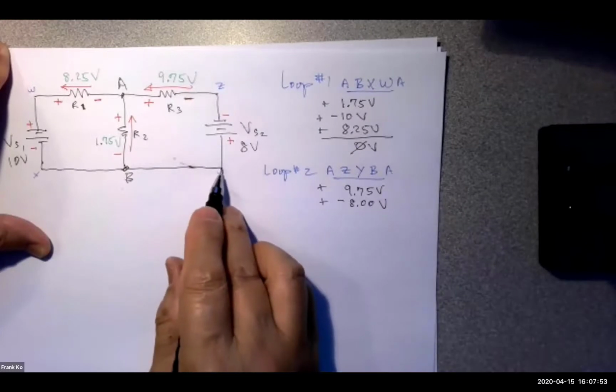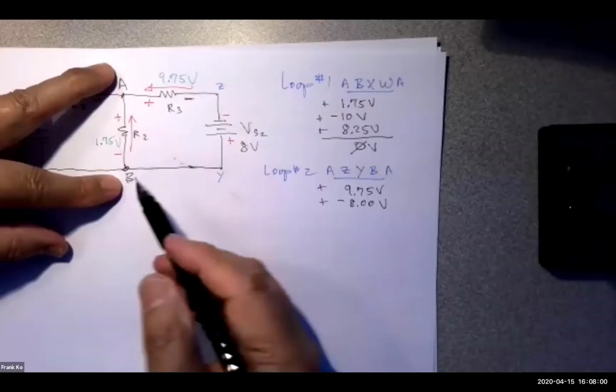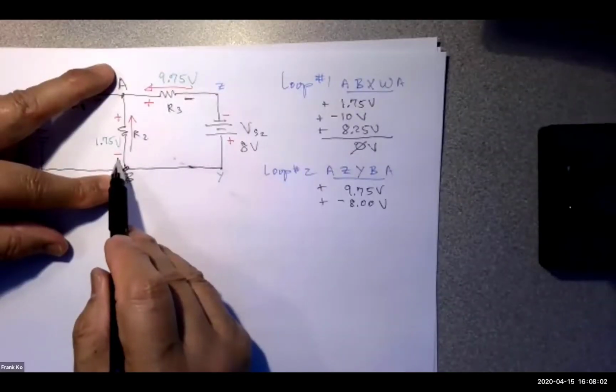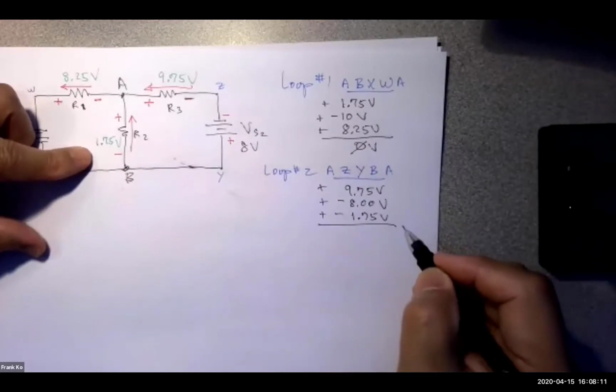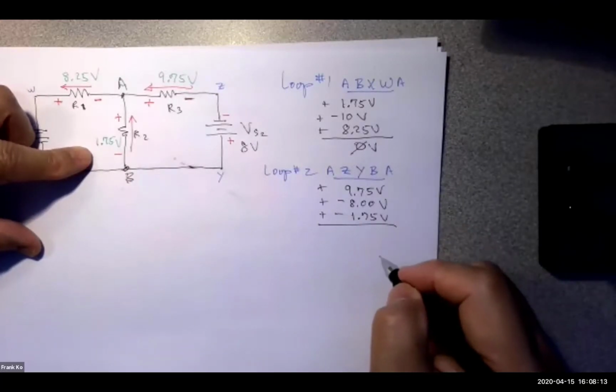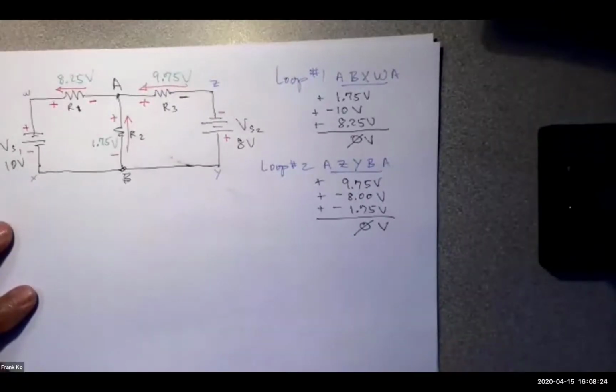Now we're at point Y going to point B. Is there any number to reconcile there? No. Nothing. And now from point B, I'm going back to A. What's the first polarity we encounter? Negative. What value? 1.75. Negative 1.75 volts. Add that up, my friends. What do we have in loop 2? Zero. 0 volts. Is Kirchhoff happy with us so far?